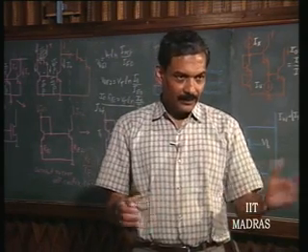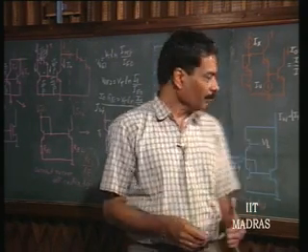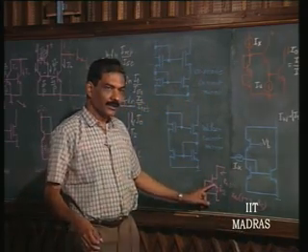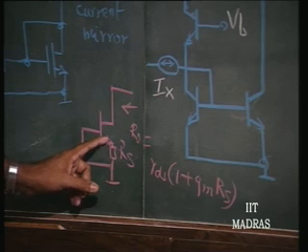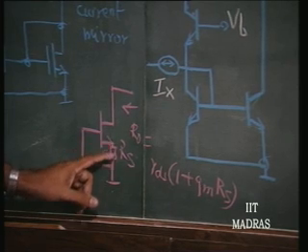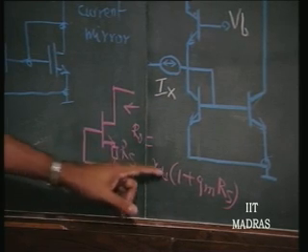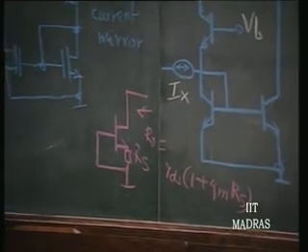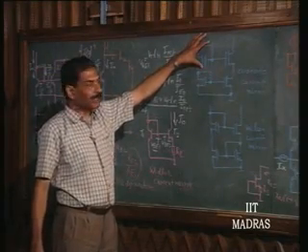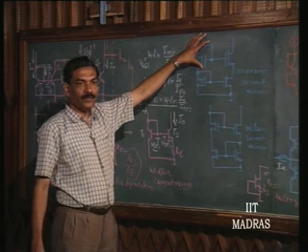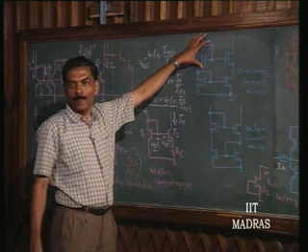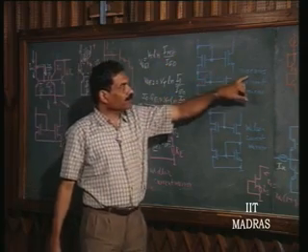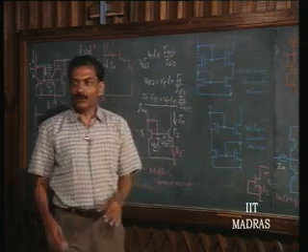So, please work out this problem as a homework problem: show that the output impedance of this JFET current source, when there is a degeneration resistance of RS, is equal to RDS into 1 plus gm RS. The same principle is used in improving the output impedance of the current mirrors using MOSFET here. This is nothing but what is called a cascode current mirror.